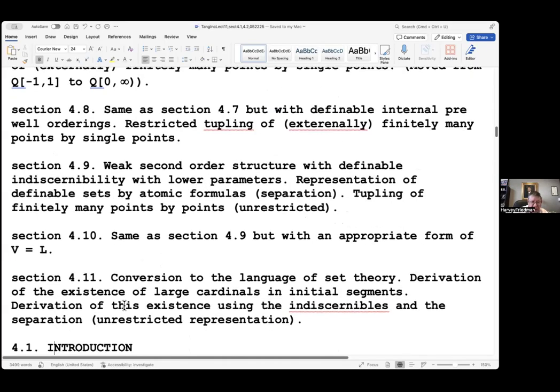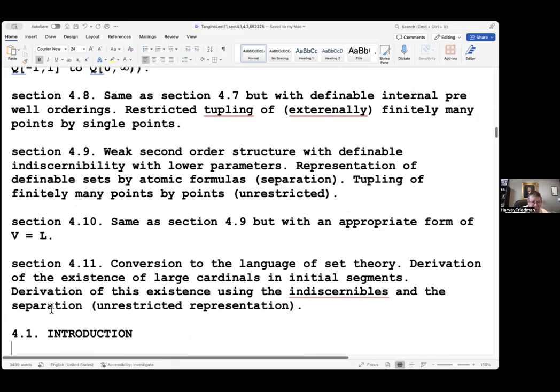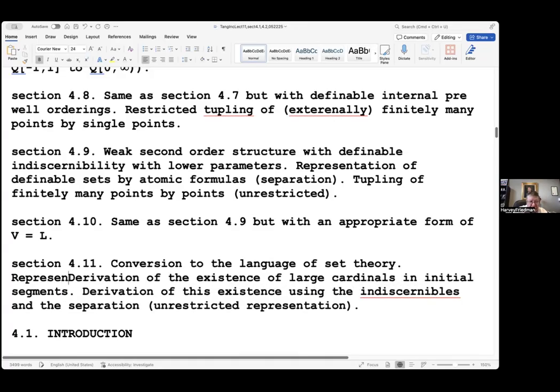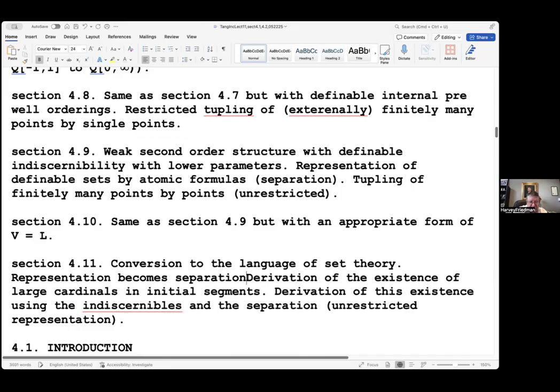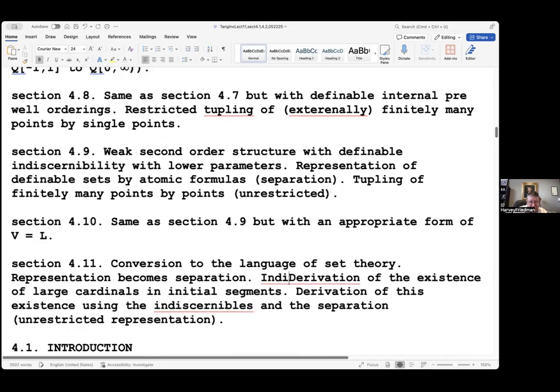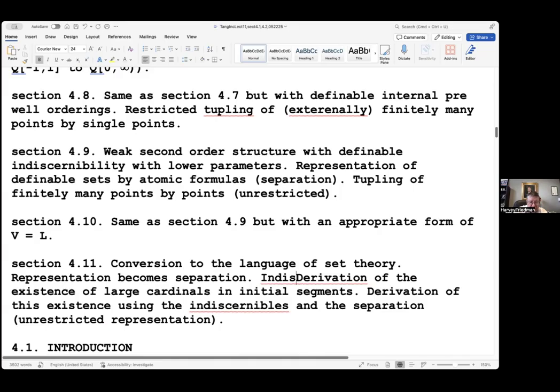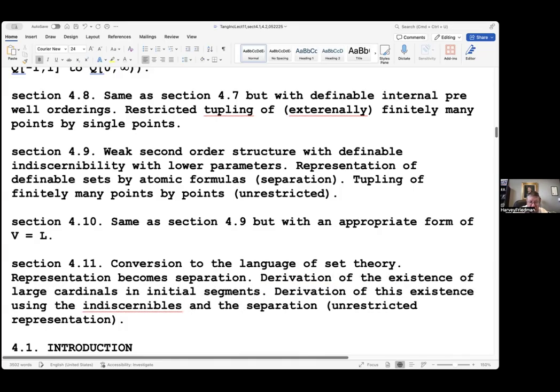And then finally, we convert everything to the language of set theory, and representation becomes separation. All right, I won't say anything more about this.